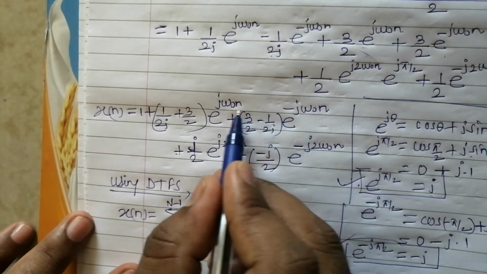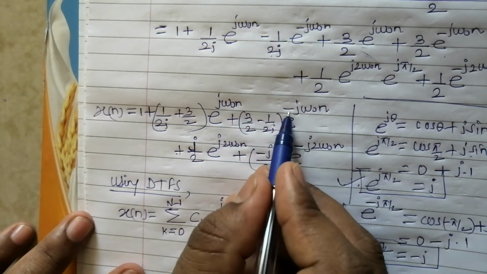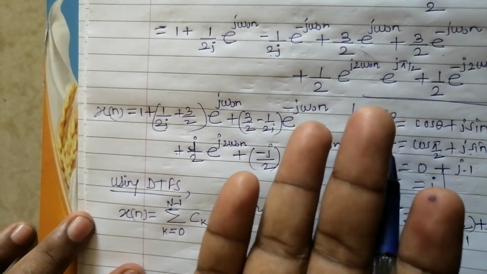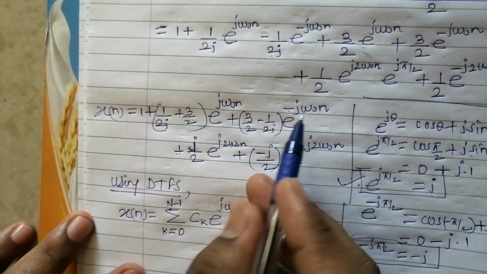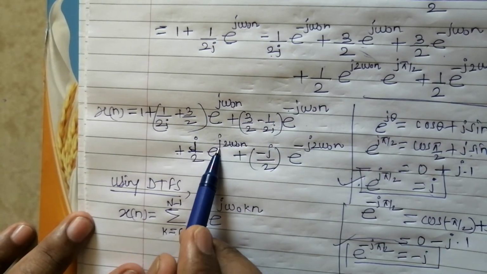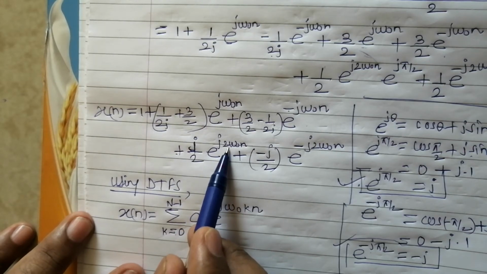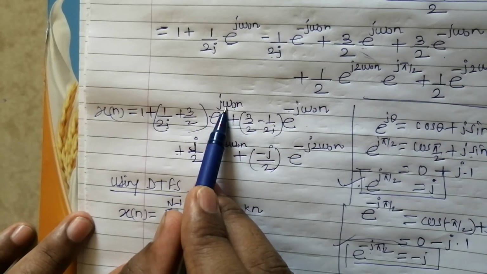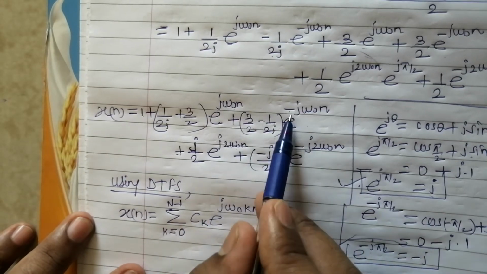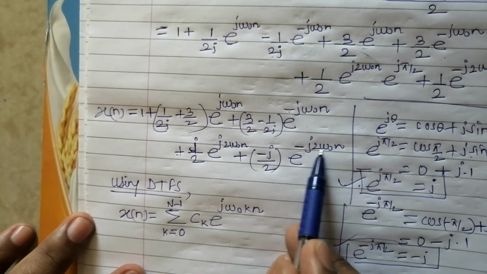See here plus j omega naught n, minus j omega naught n, so the plus side and the minus side terms are available. Likewise, now e raised to power j 2 omega naught n. So this is omega naught n, this is 2 omega naught. Likewise here minus omega naught, minus 2 omega naught.